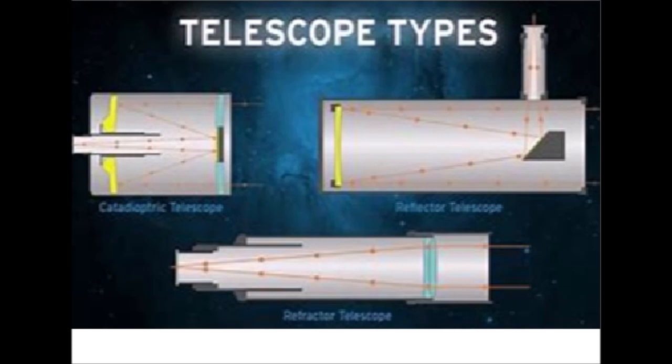Now, for higher magnification, you need a Cassegrain or a refractive or Newtonian telescope to see the Saturn rings. You need at least 80 to 90x magnification to see the rings.